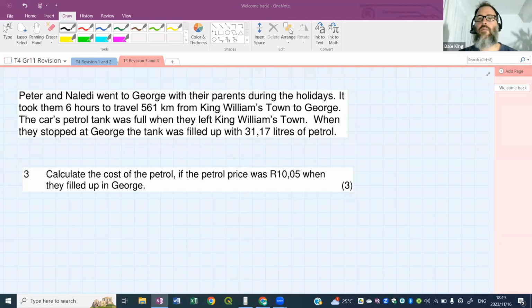Anyone else out there? Just try it yourselves, guys, and then put an answer out there. We'll check as soon as we get some more answers. Come on, ladies and gentlemen, you should all be trying. It's 10 Rand and 5 cents a liter. When they filled up in George, how much did they pay?